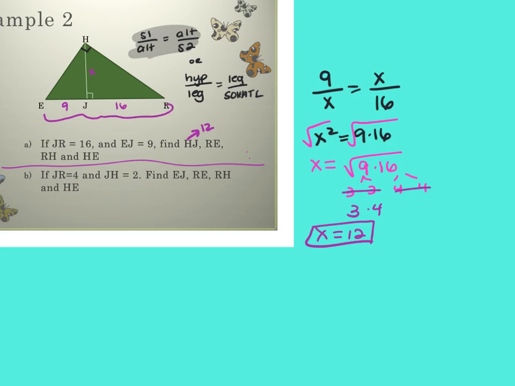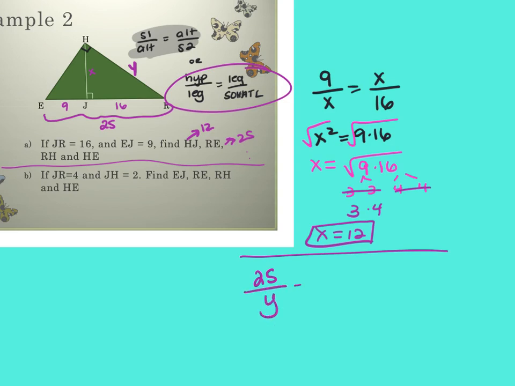RE should be easy because that's 9 plus 16, or 25. For RH, I'm going to label this Y so we don't confuse it with the X. Now that Y is a leg, so I'm using the second proportion. The hypotenuse of the big triangle, which is 25, over the leg, which is Y, equals the leg, Y, over the segment of the hypotenuse adjacent to that leg.